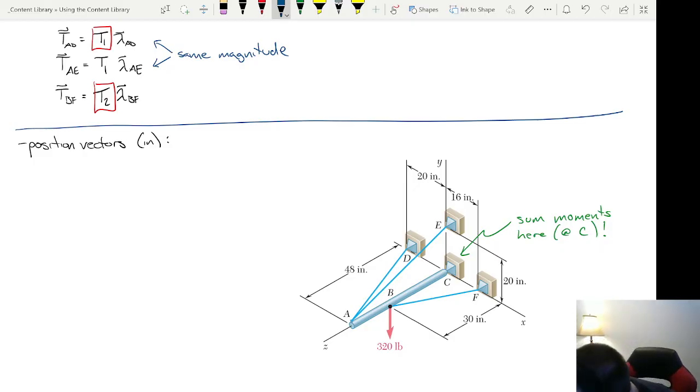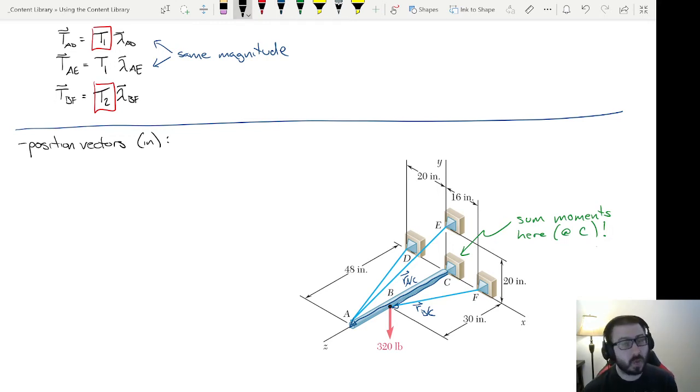I'll define one that goes like this, and we'll call this R2A from C, and then we'll define another one that goes like this, and this is R2B from C. Okay. Now you can simplify that however you want. If you just want to write R1 and R2, that's fine. And if you want to use coordinates, that's fine.